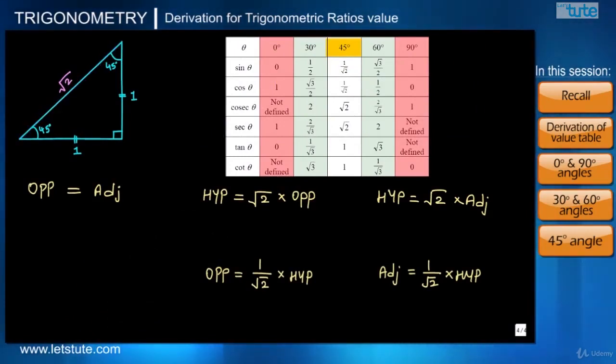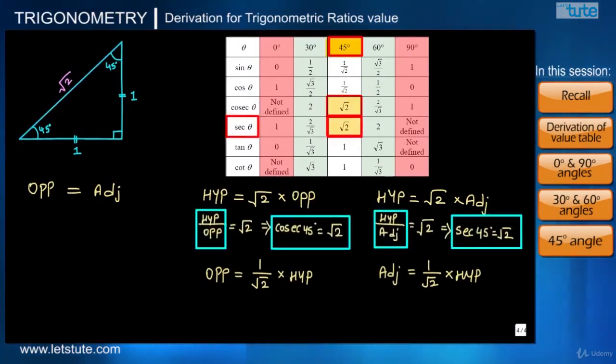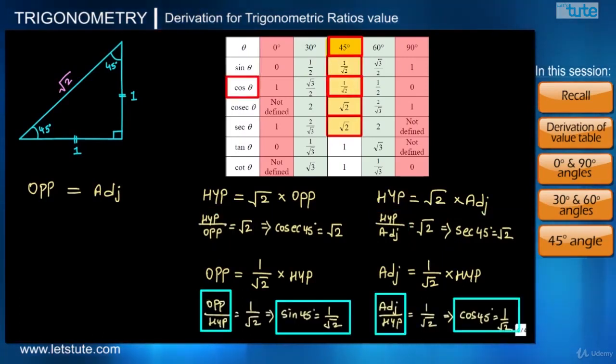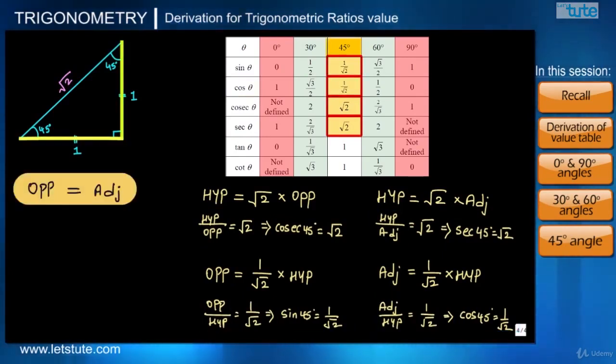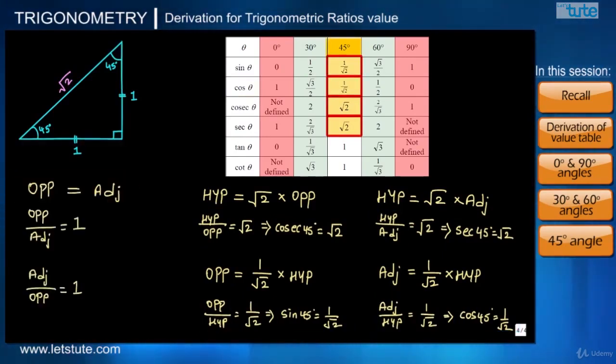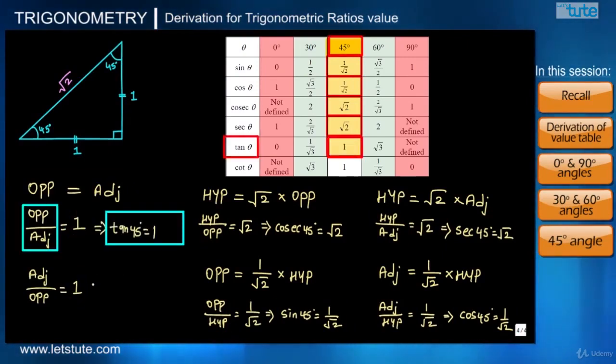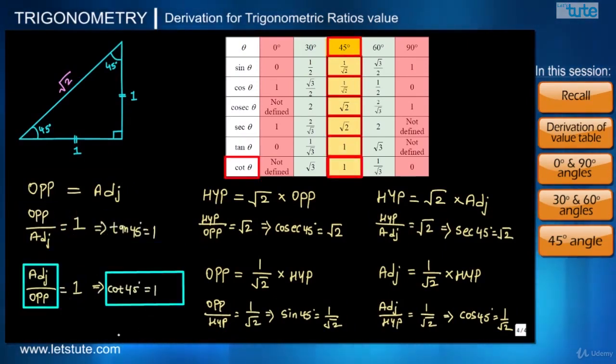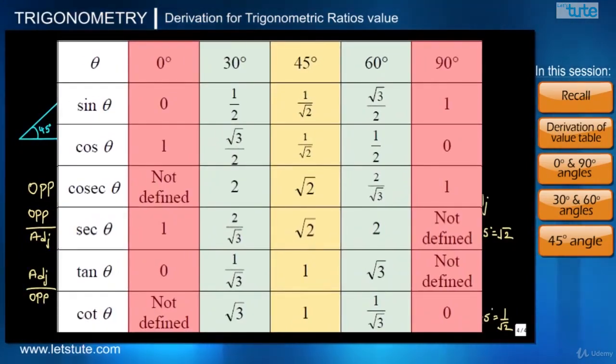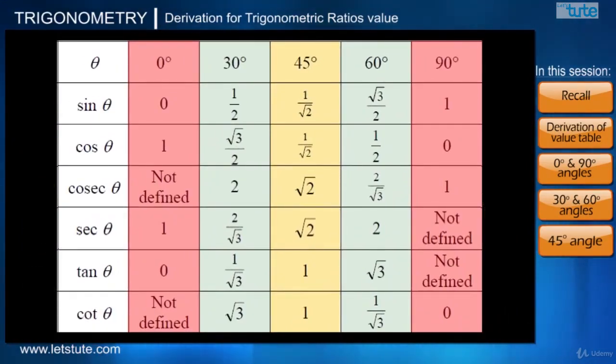Thus we have the value of cosec and sec for 45 degrees angle as root 2, sine and cos as 1 upon root 2, and as opposite side and adjacent side are equal, their ratio will always be 1. And so we have tan 45 and cot 45 as 1. Here we have finished with 45 degrees angle too.